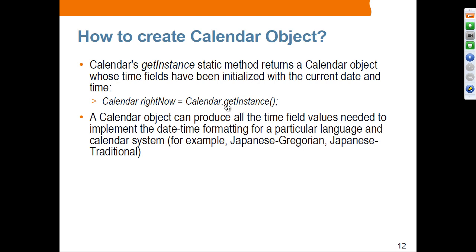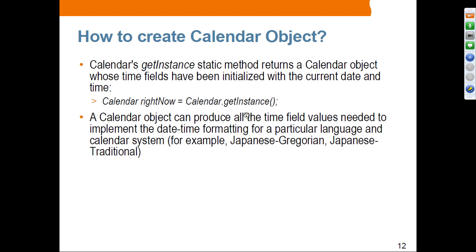When the getInstance method of Calendar is invoked, it will create the object internally. Internally, it will use the new command or something like that, and then it will return the object. So this is what is called the factory pattern.